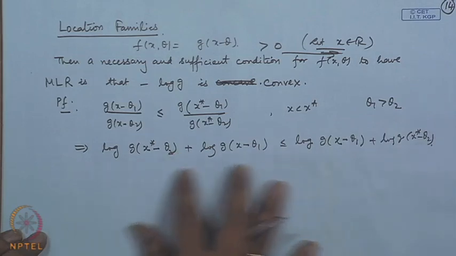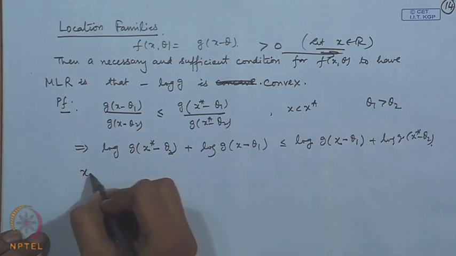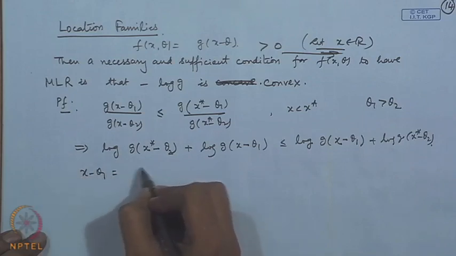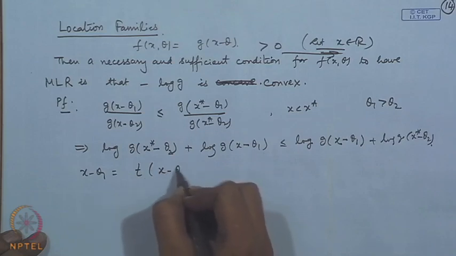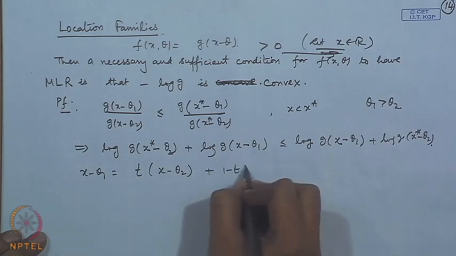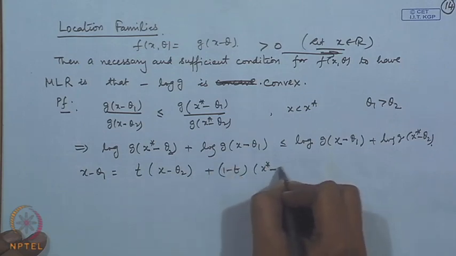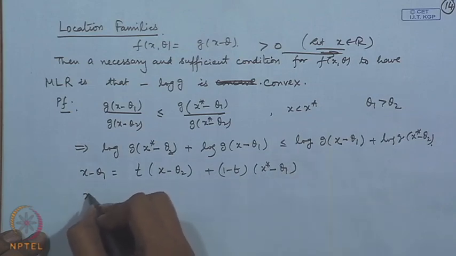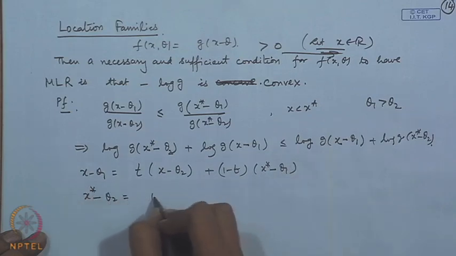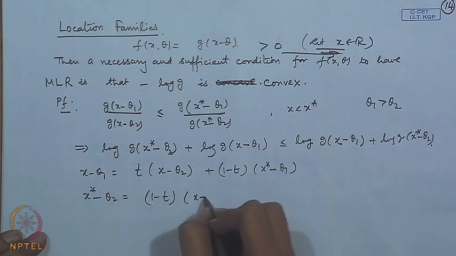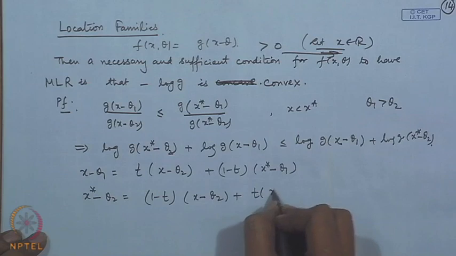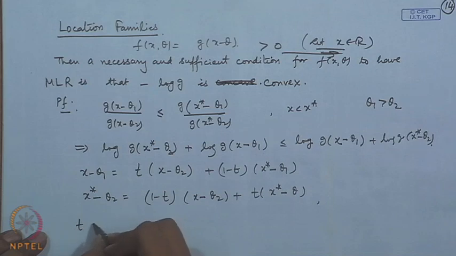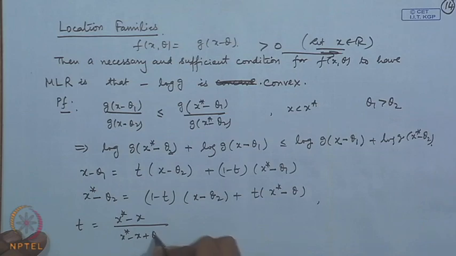Now, we can actually interpret something like this: x minus theta 1 we can write as some t times x minus theta 2 plus 1 minus t times x star minus theta 1, and we may also write x star minus theta 2 is equal to 1 minus t times x minus theta 2 plus t times x star minus theta 1, where t I am choosing to be x star minus x divided by x star minus x plus theta 2 minus theta 1.